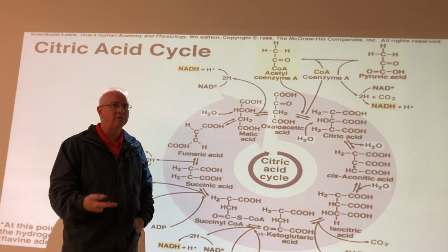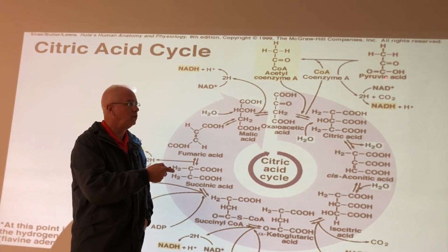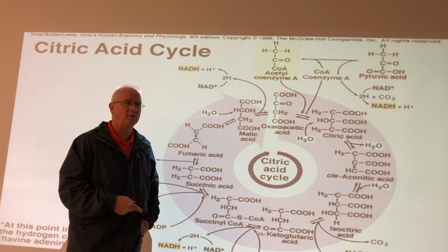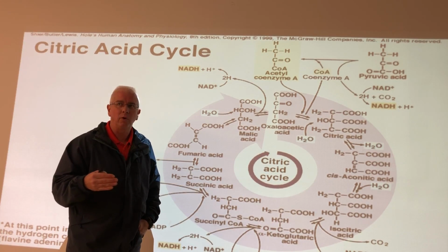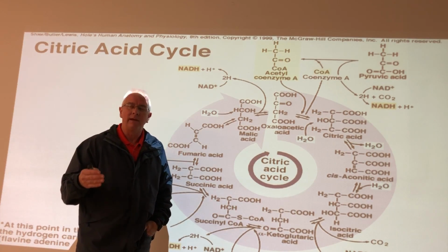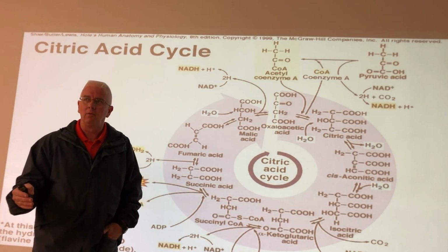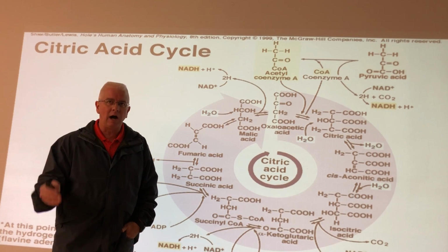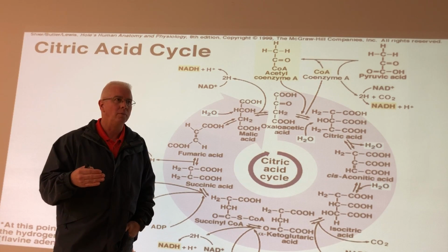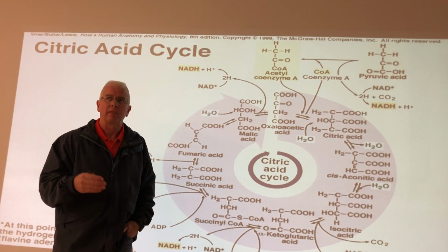And if you can't enter the citric acid cycle, pyruvic acid is going to be converted into lactic acid, right. So lactic acid is a product that is produced in my body whenever I don't have enough oxygen to make the energy I need.